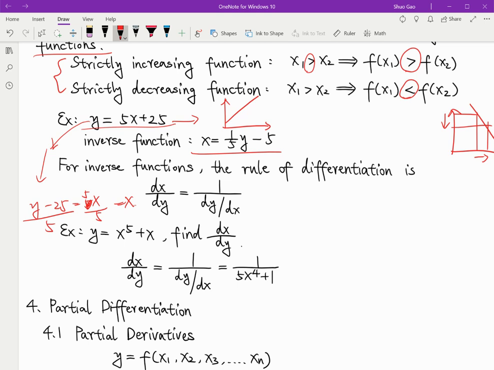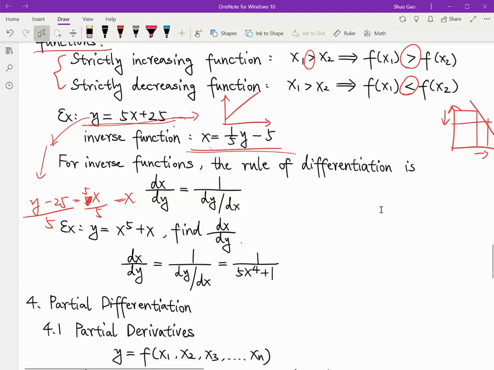So this is x, so x equals 1 over 5 times y minus 5. We just solve x from this function, and this is the form of the inverse function, which is really simple.